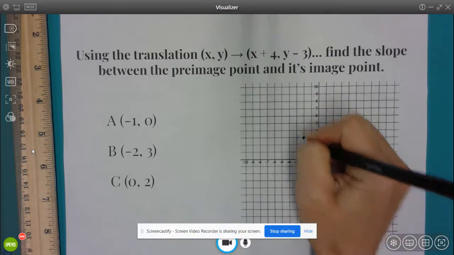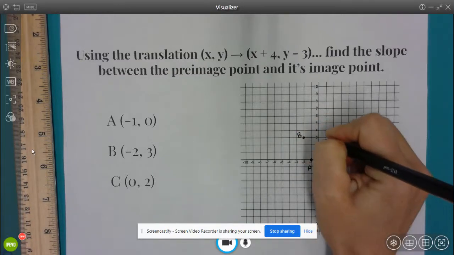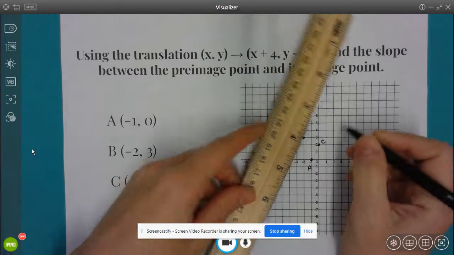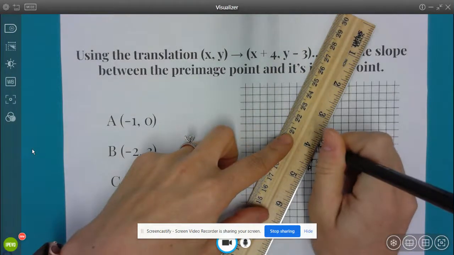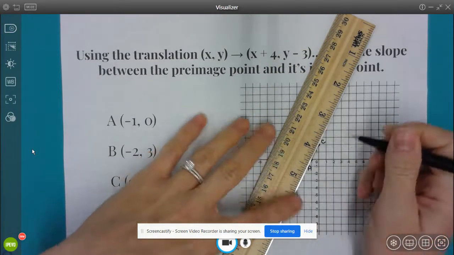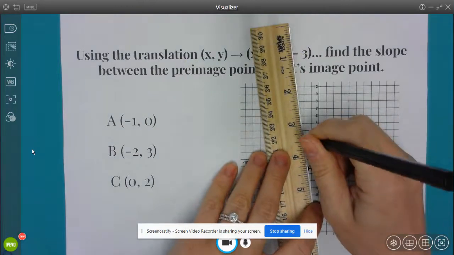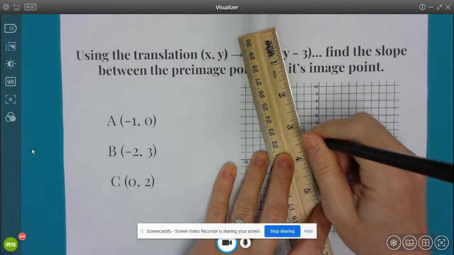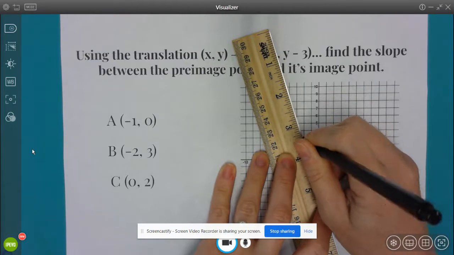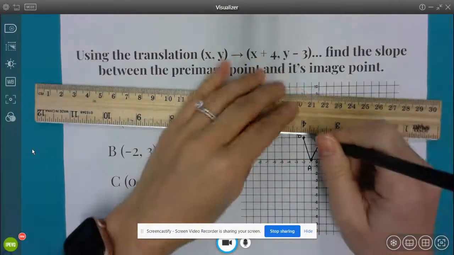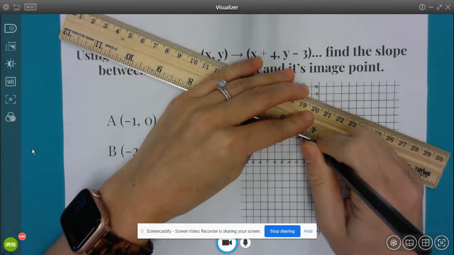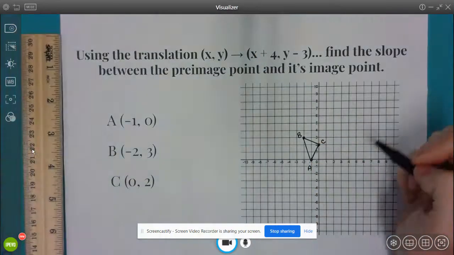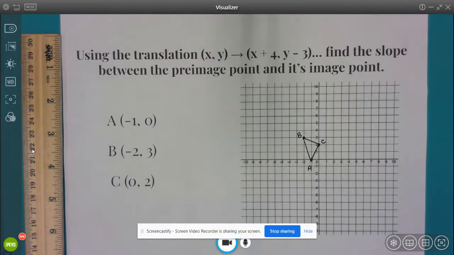So here is A, here is B, and here is C. It is very important now that we are in transformations that we label our coordinates with their proper A, B, C, whatever letter it may be.